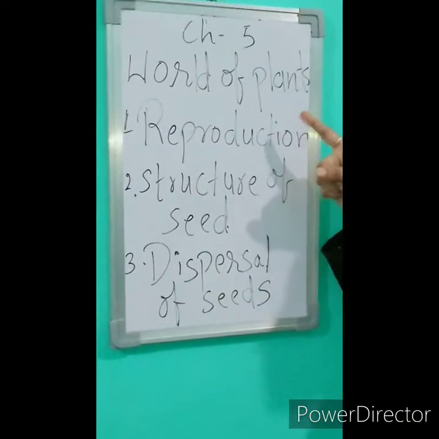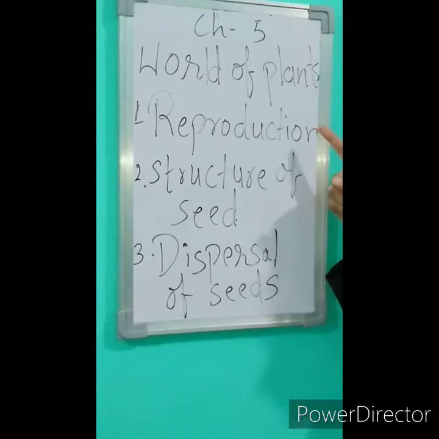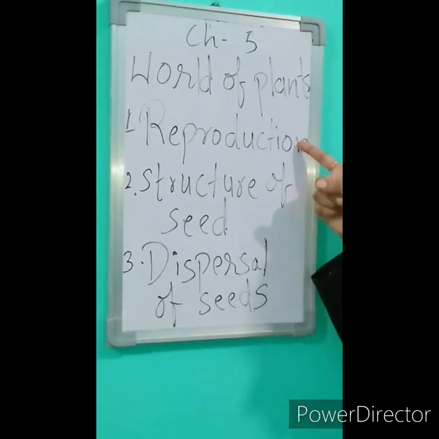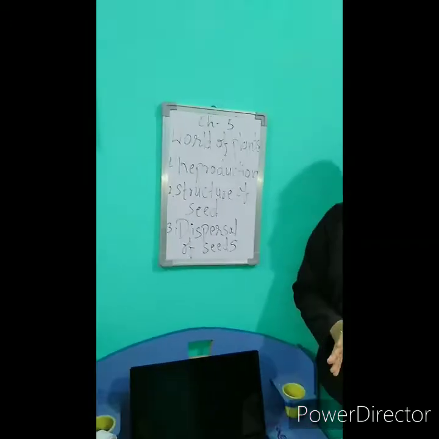Now, what is reproduction? The process by which living things produce new living things of their own kind is called reproduction. Dear children, there are many different types of plants in the world.